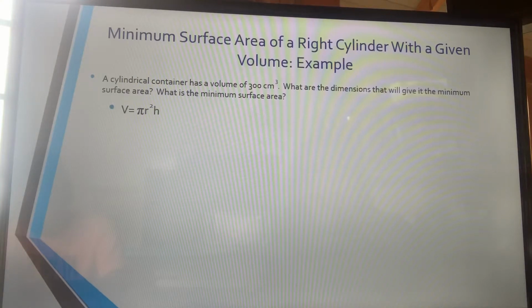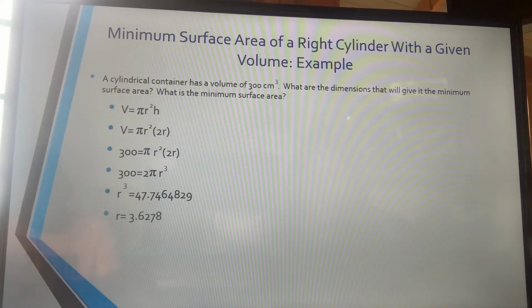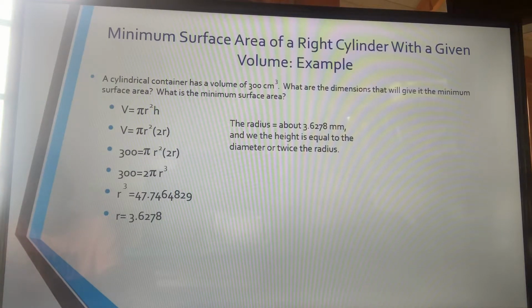First, we put the volume into our equation and solve it. Therefore, the radius will equal about 3.6, and we know that the height is equal to the diameter, or twice the radius. So the height should be 2 times 3.6, which equals about 7.3.